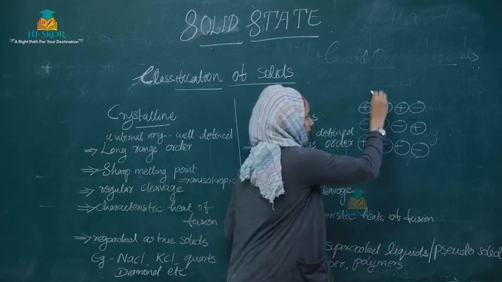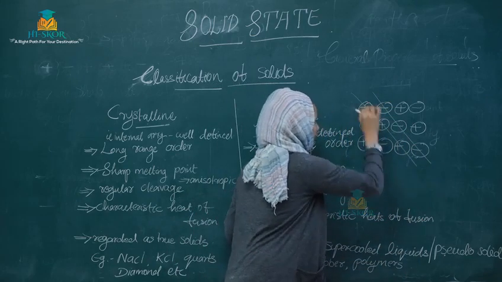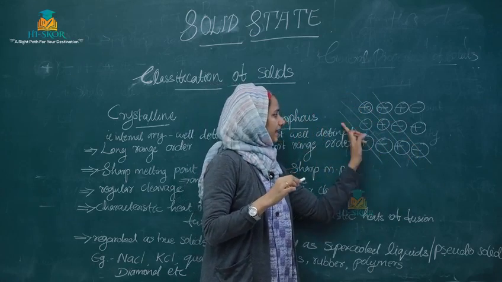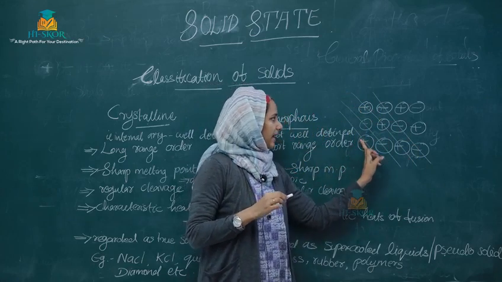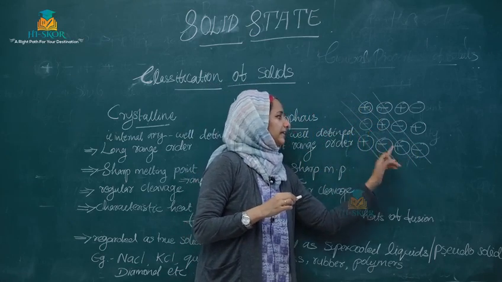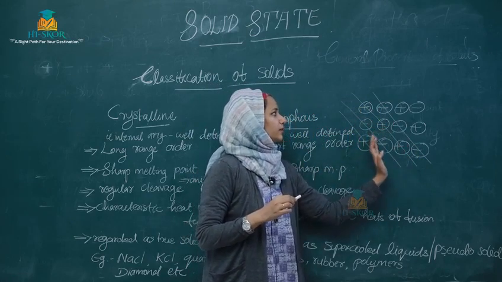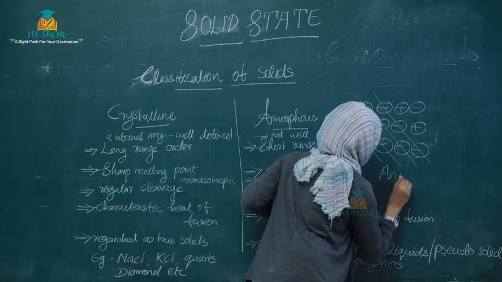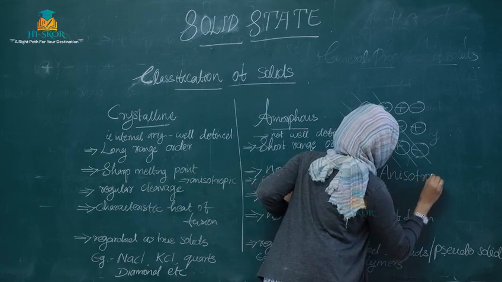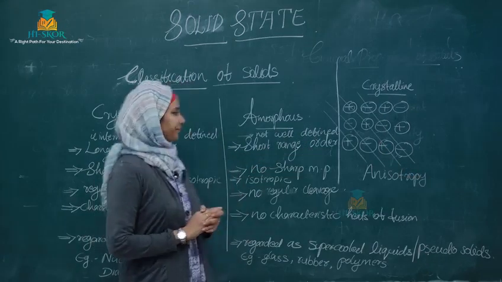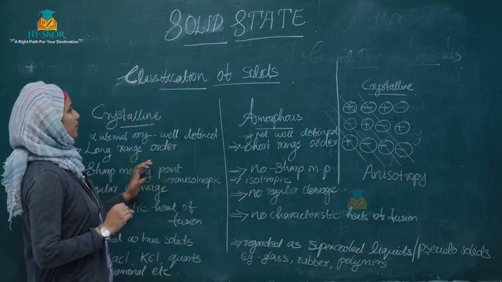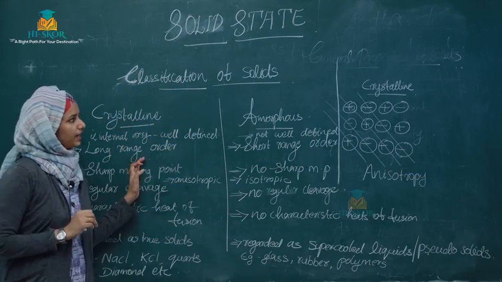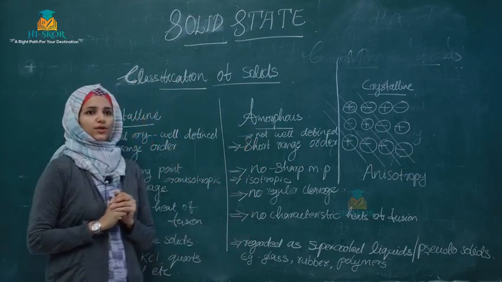One single line passes, another in this direction, and each has a unique property. Another line possesses another property, then another property. So the term we call it is anisotropy. It is a special type of property: crystalline solids are anisotropic in nature and amorphous solids are isotropic in nature.